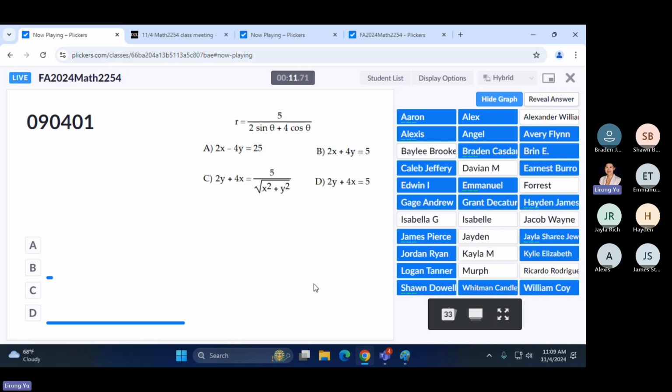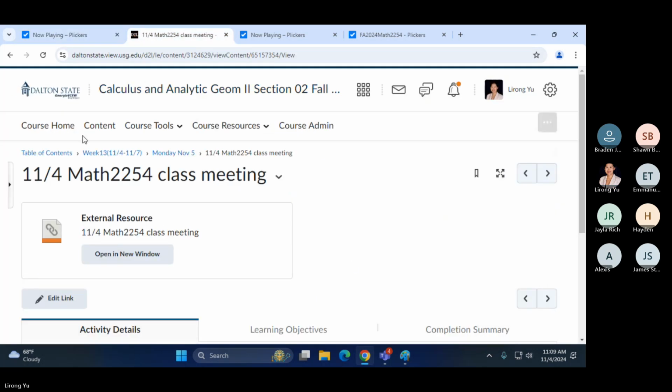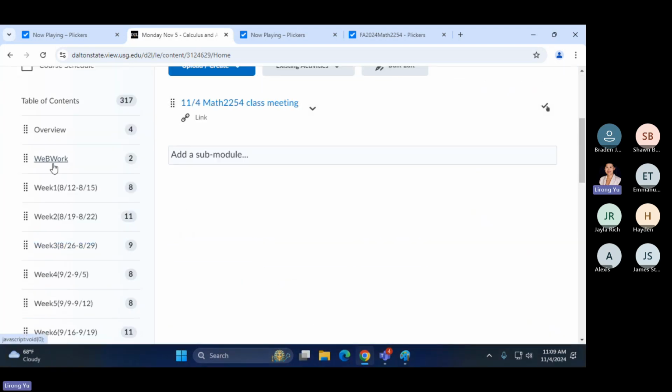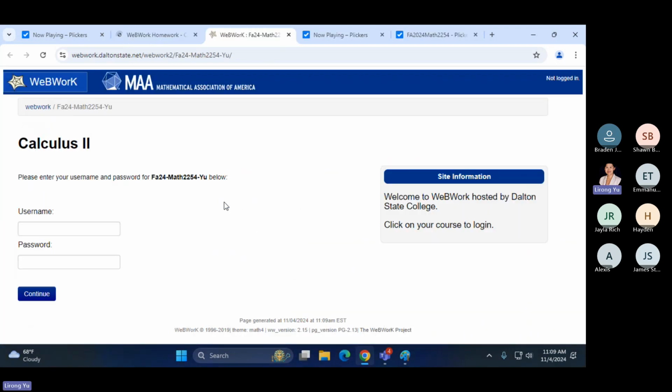Any homework questions? Any homework question from what section? I think number 6 probably. I'm going for number 6. All the homework for chapter 9 is open.